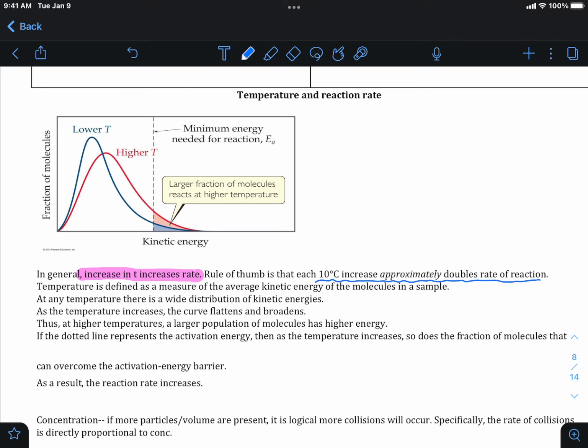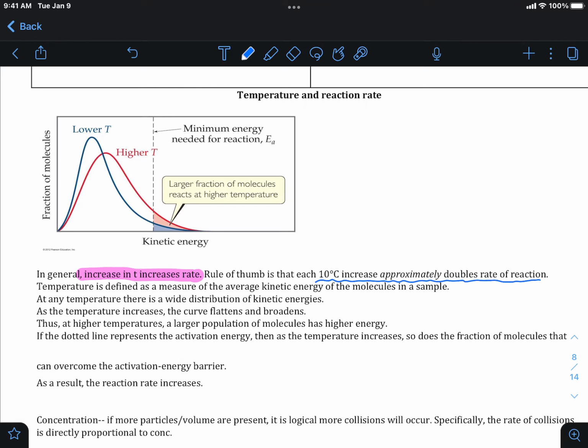So, at any temperature there is a wide range distribution of kinetic energies, and what you're seeing here is that at a higher temperature, the curve shifts, meaning you've now got a greater proportion of the sample that has met the activation energy. Whenever you increase the temperature, you are increasing the population that has enough kinetic energy.